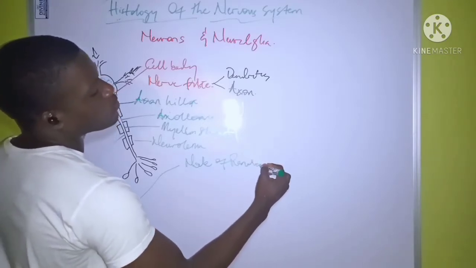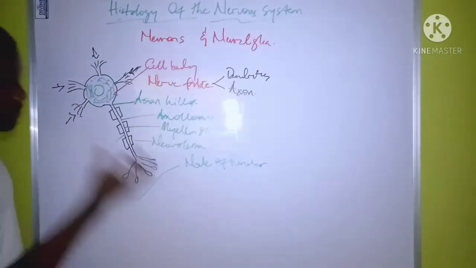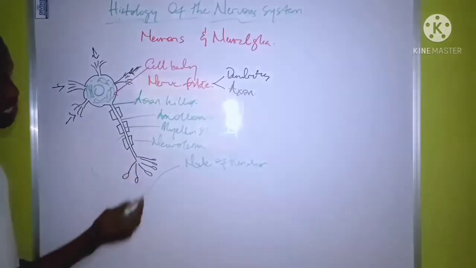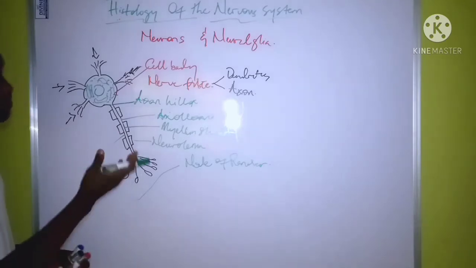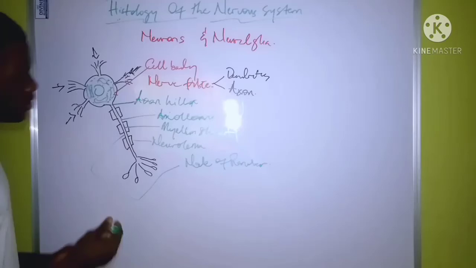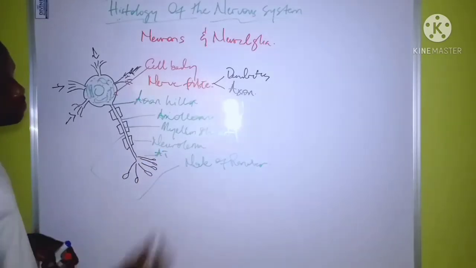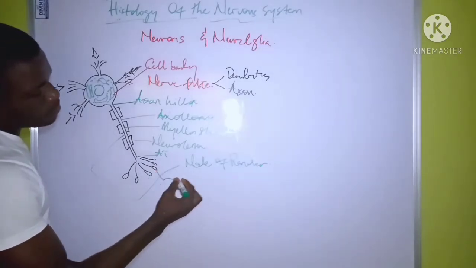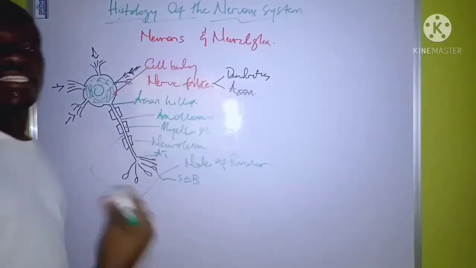Extending from the tip, that's the distal part of the axon, is the axon terminal. The axon terminal is the distal part of it, which gives rise to the synaptic end bulbs. This is the axon terminal, AT for short, and it gives rise to the synaptic end bulb, SEB, which contains synaptic vesicles.